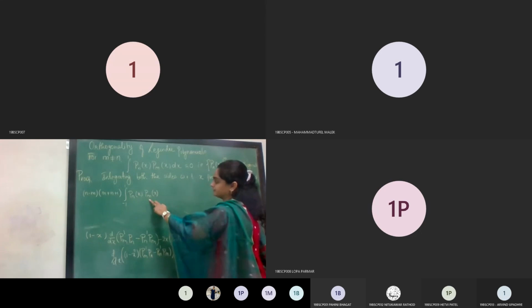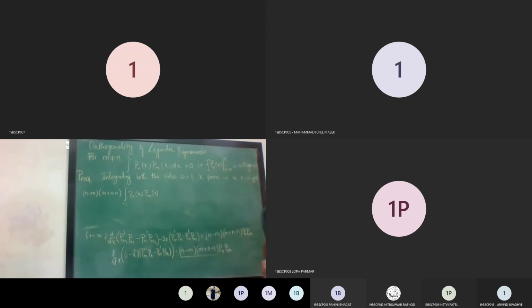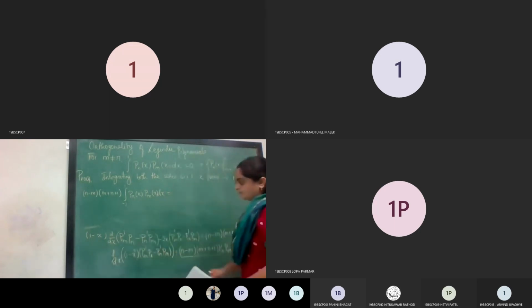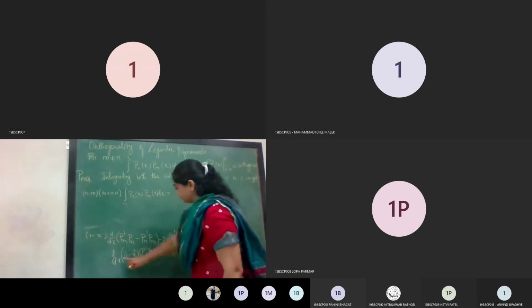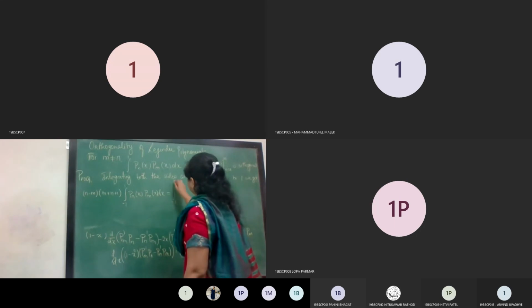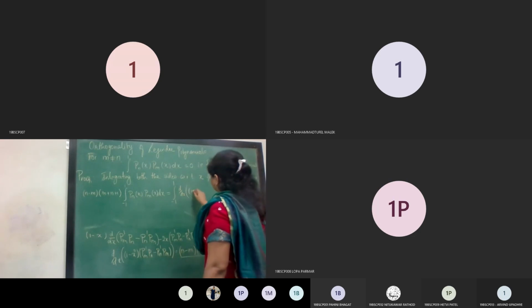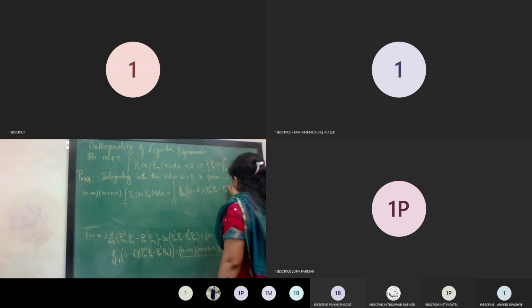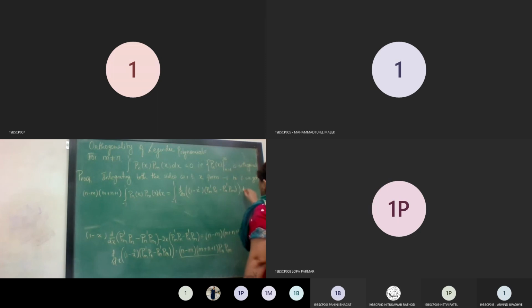But let us now consider the argument of the Legendre polynomials, that is Pn(x), Pm(x) dx is equal to, these two both being functions of x, so I have to consider it in the integration itself, -1 to 1 d by dx of 1 minus x square Pn dash Pm minus Pm dash Pn dx.